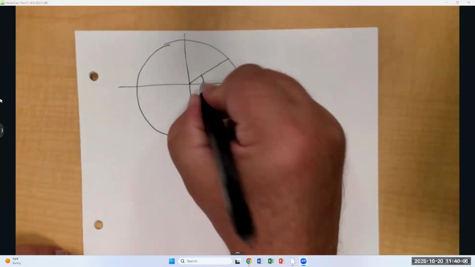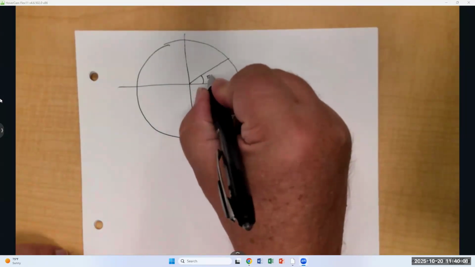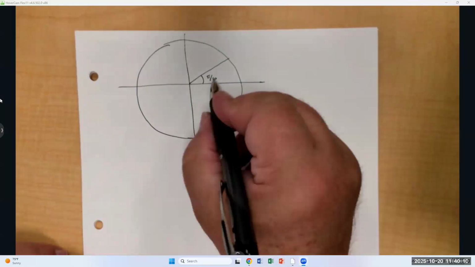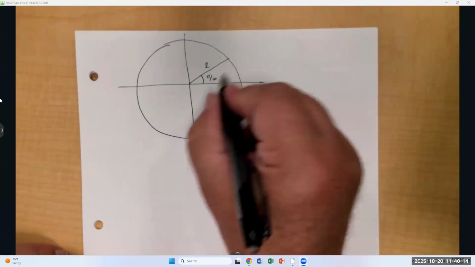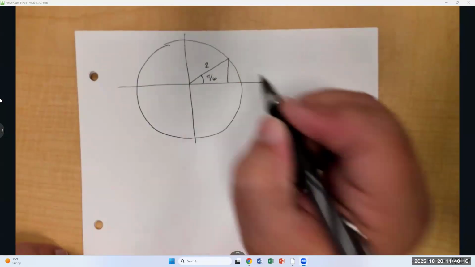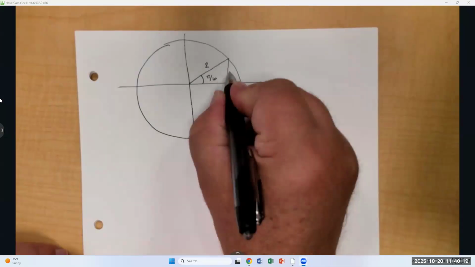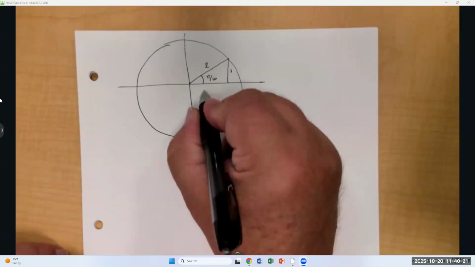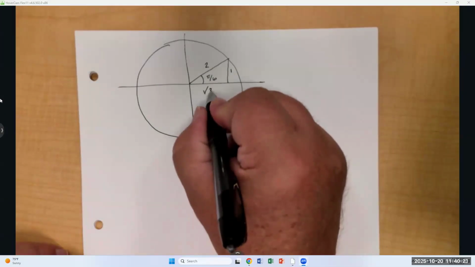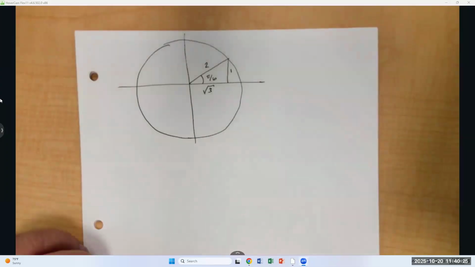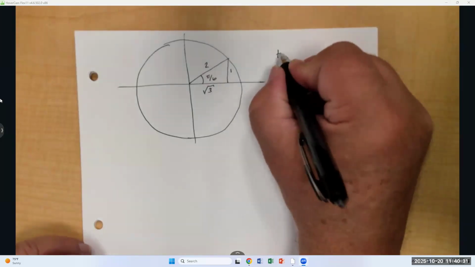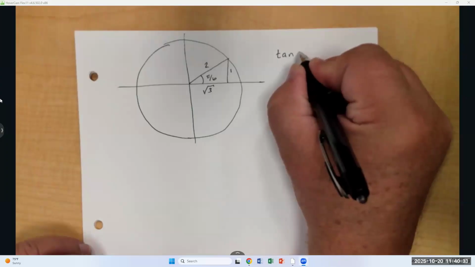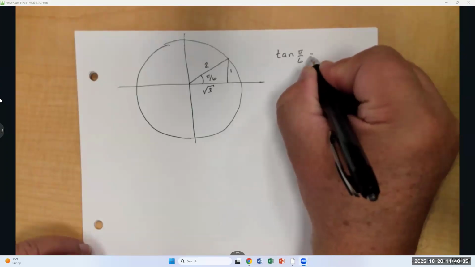We're going to do the same angle, pi over 6. But this time, our hypotenuse will be 2. Our height will be 1. That means our base is radical 3. So we find the tangent of pi over 6.